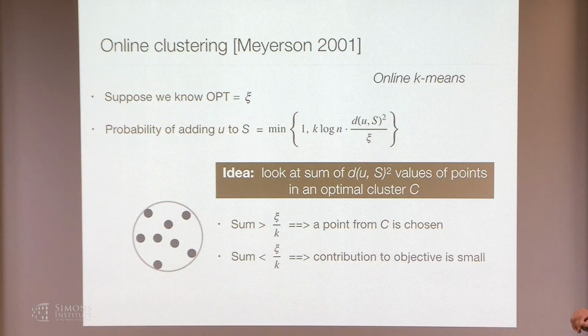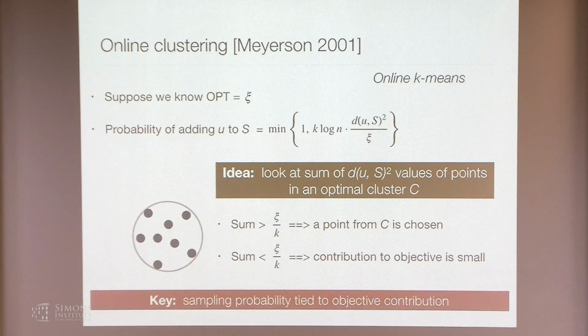This gives a bound on the objective, and you can use a very similar analysis to also show that you won't pick too many centers. So that's Meyerson's analysis. And the cool thing, which is why this whole analysis works, is that the sampling probability is cleanly tied to the objective function, to the contribution that a point is making to the objective. That's the reason you're able to do this nice analysis.